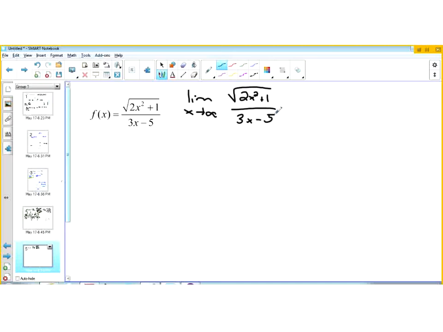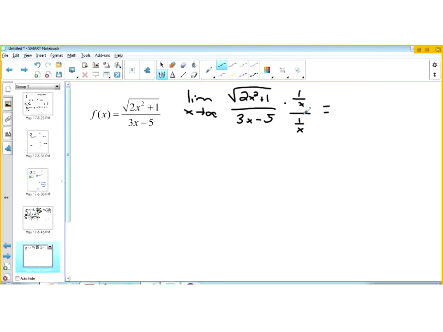Okay, so what we can do is, what if I divide it upstairs and downstairs by x? All right, so what I'm going to do is I'm going to do this. Now, again, we don't have to worry about dividing by 0 because x is very far away from 0 because, in fact, x is going toward infinity.